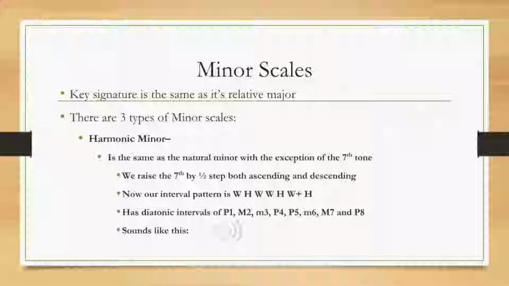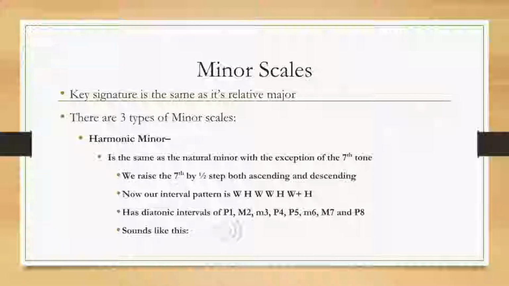But now we do a major seventh and perfect eighth. All right? So, again, here is where our A harmonic minor scale sounds. Nice little Middle Eastern sound. Very juicy to make nice transitions into and out of.